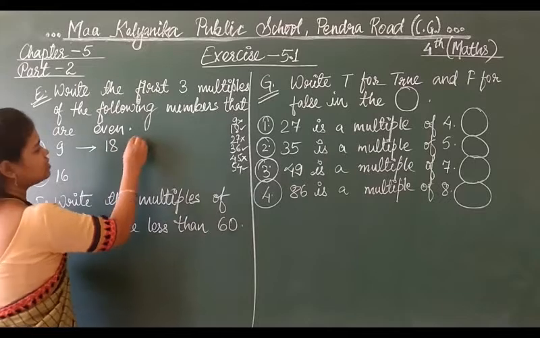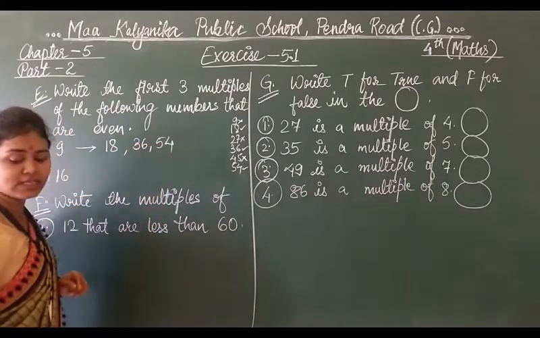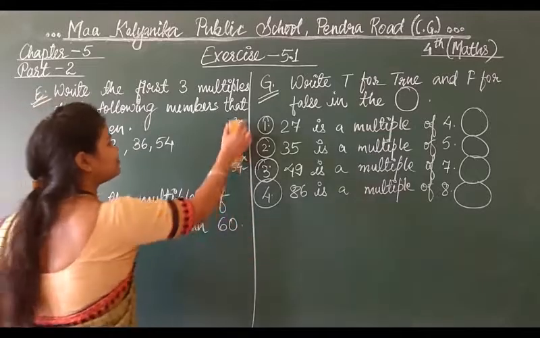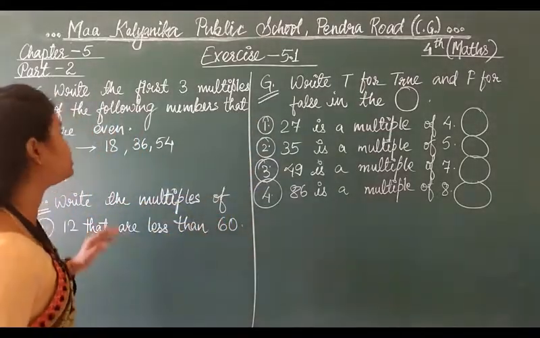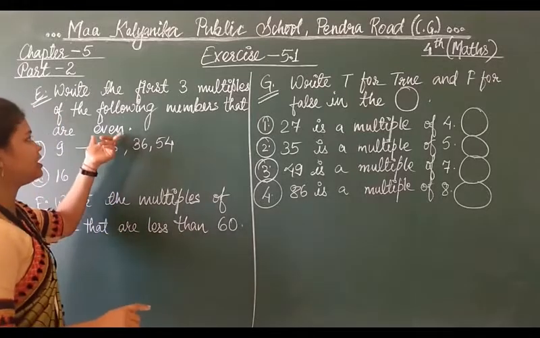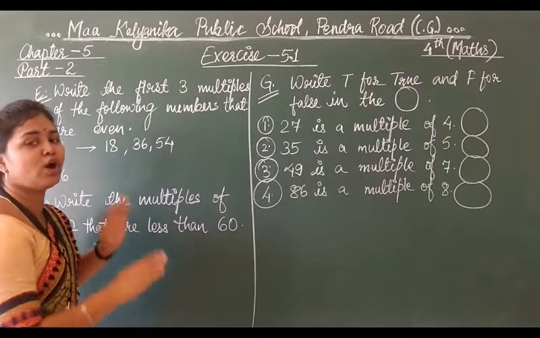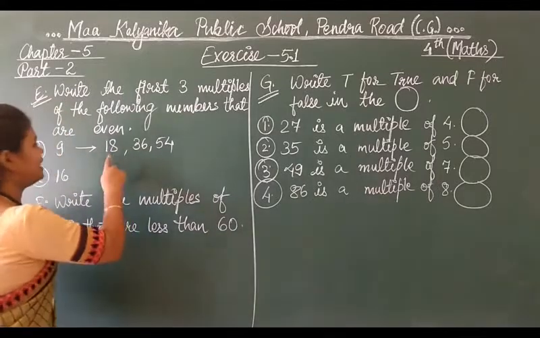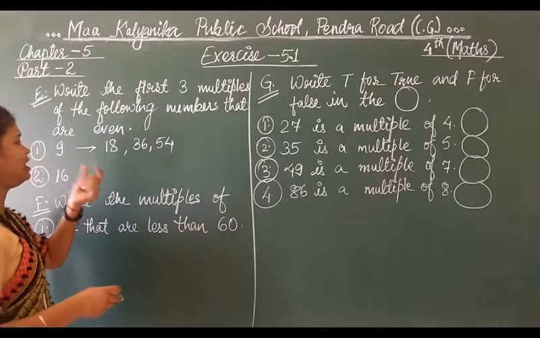So 18, 36 and 54 are the first three multiples of 9 which are even numbers. We are not taking the odd numbers. Okay students, be careful: the first three multiples but which are even, not all the first three multiples.